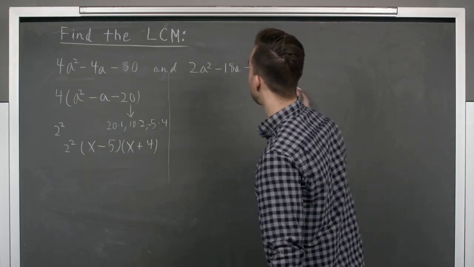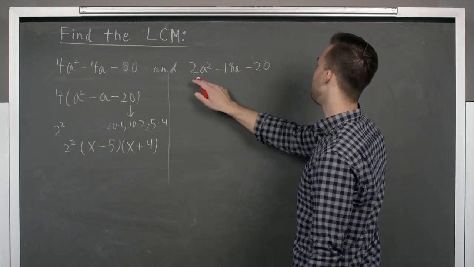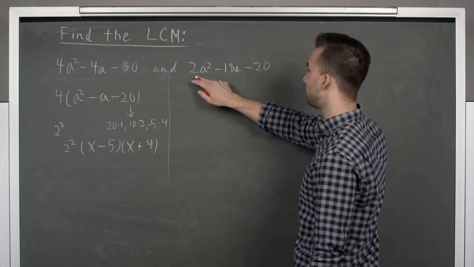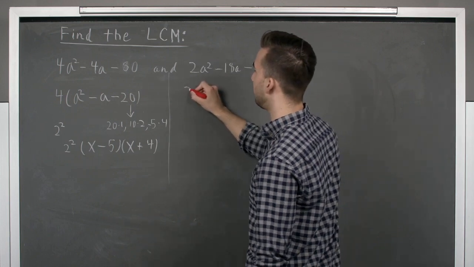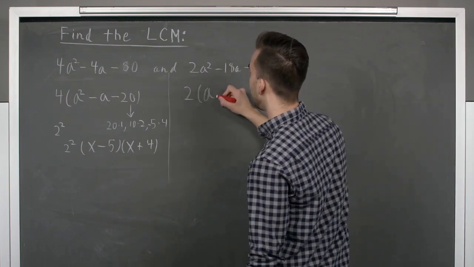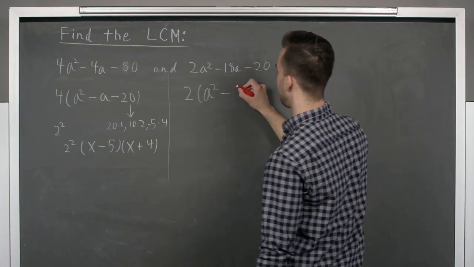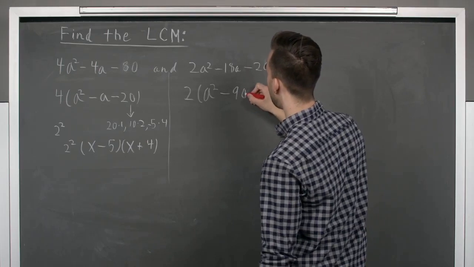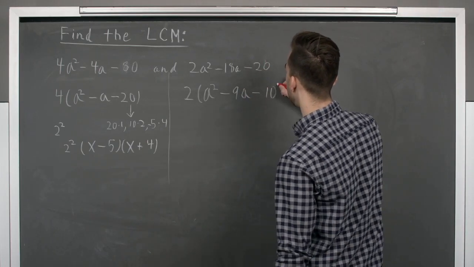What can we factor out of here? Well, looks like we have a common factor, right? 2 can be divided from each term. So we'll go ahead and do that. 2 times a squared minus, if you factor out 2 from that, gives us 9a. And then if you factor 2 from that, gives us minus 10.